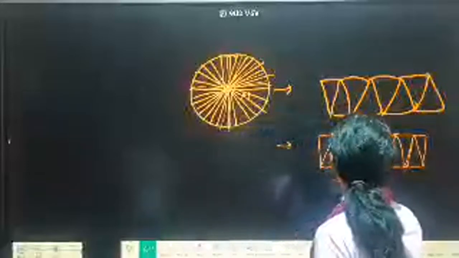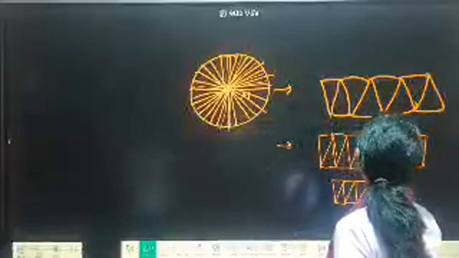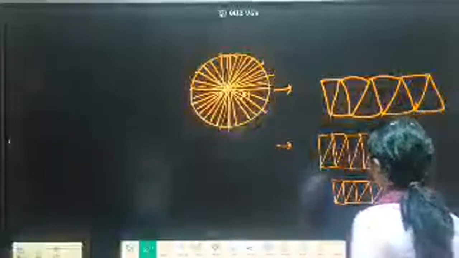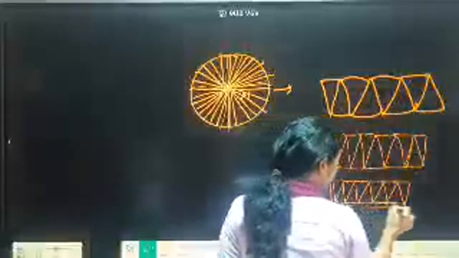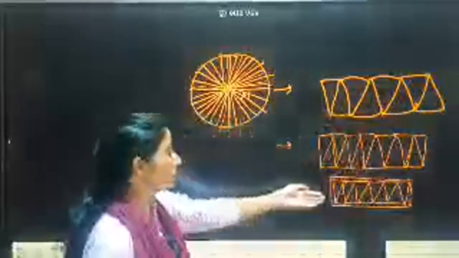Then after arranging your sectors, some upward and some downward, you will get one rectangle shape.